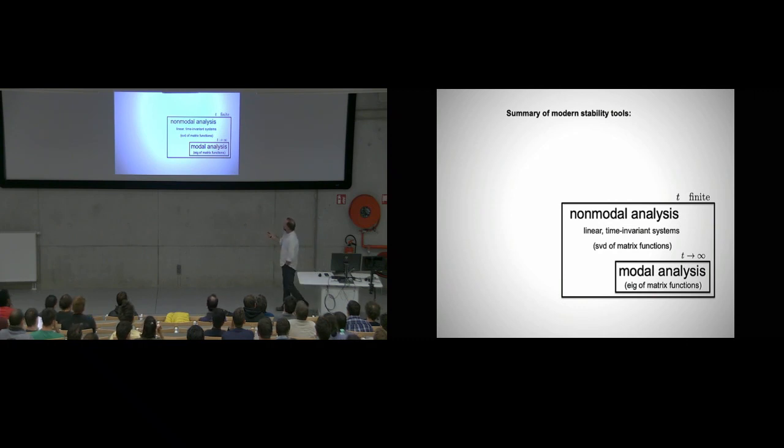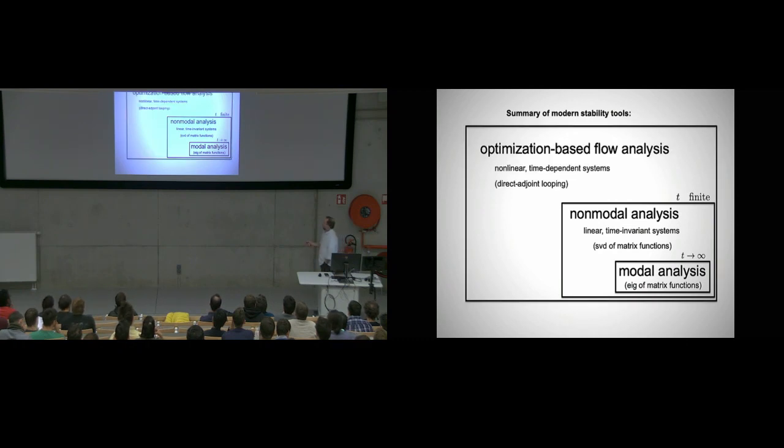So that's already a generalization. But the best generalization is to let go of almost everything and go optimization-based with that direct adjoint looping. Then you have finite time, you have nonlinear, you can handle nonlinear equations and time-dependent systems with the tool of choice, which is that direct adjoint looping.